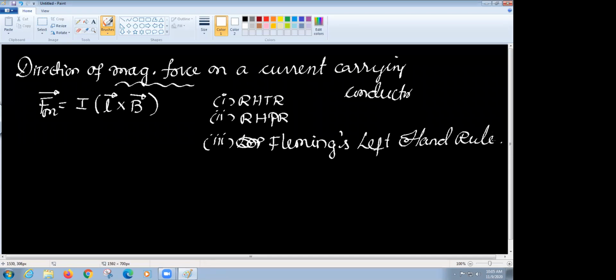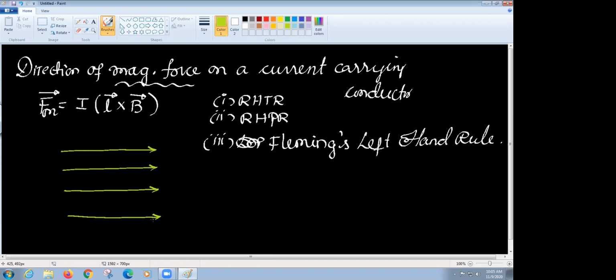Okay, so for example, this is my direction of magnetic induction.